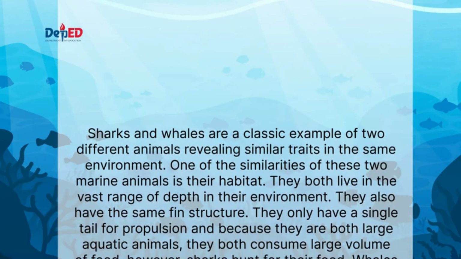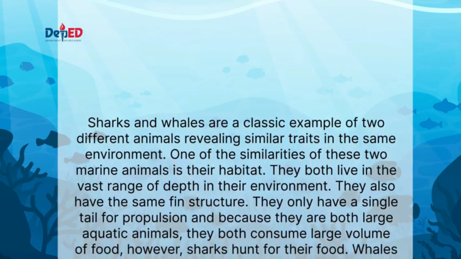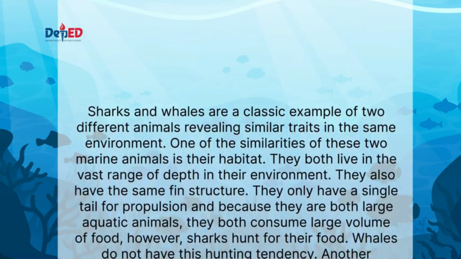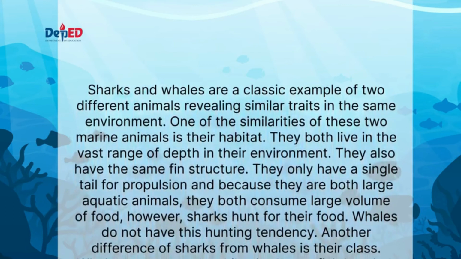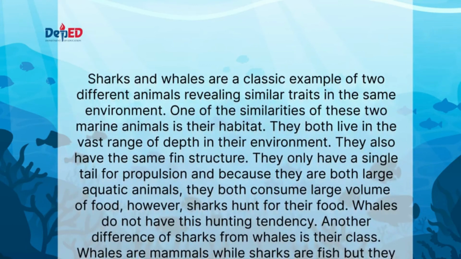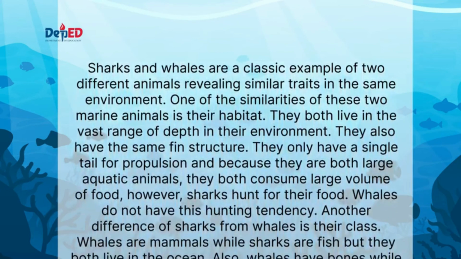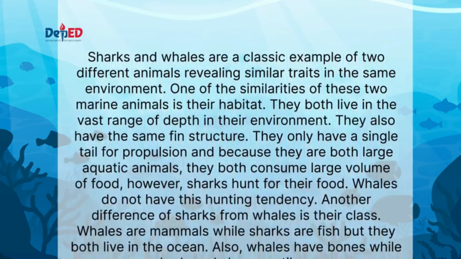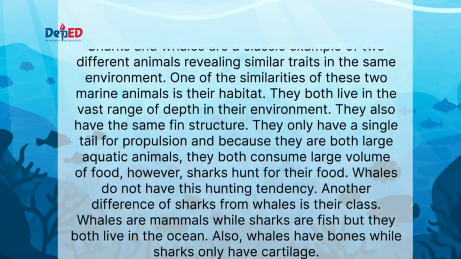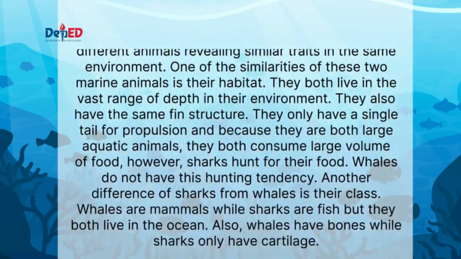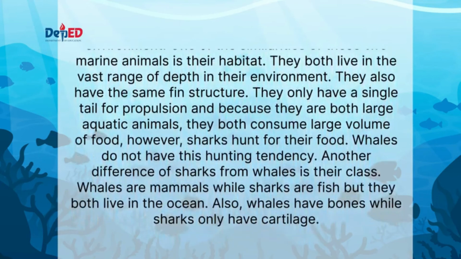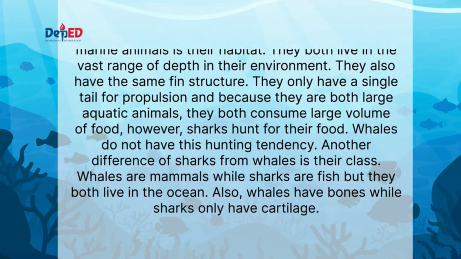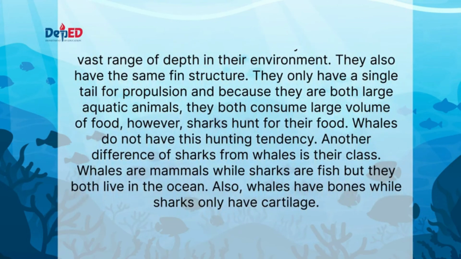Sharks and whales are a classic example of two different animals revealing similar traits in the same environment. One of the similarities of these two marine animals is their habitat. They both live in the vast range of depth in their environment. They also have the same fin structure. They only have a single tail for propulsion, and because they are both large aquatic animals, they both consume large volume of food.